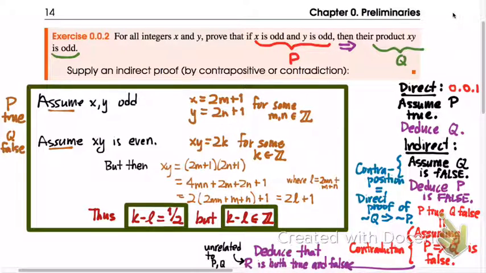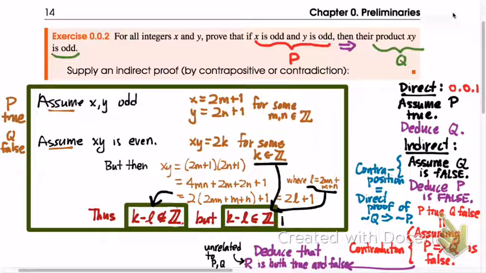So, in a way, we could say because k minus l is equal to 1/2, that implies that k minus l is not an integer. And so it followed from our algebra that k minus l was not an integer, but it followed from the other stuff that we did that because k and l were integers, their difference also must be an integer.